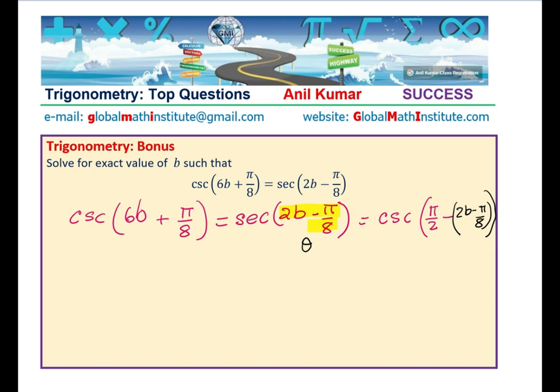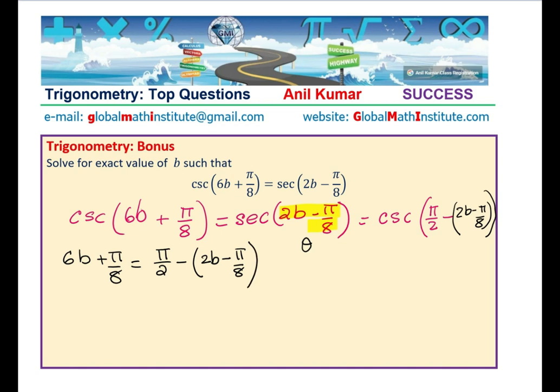You understand? So once you write like this, cosecant of 6b plus pi by 8 equals cosecant of pi by 2 minus (2b minus pi by 8). They can be equated. So we get an equation: 6b plus pi by 8 equals pi by 2 minus (2b minus pi by 8).